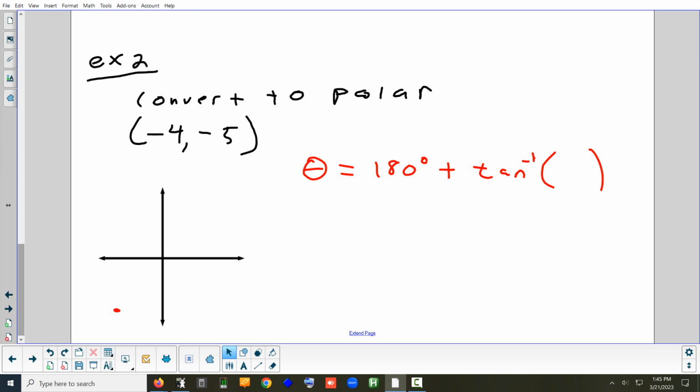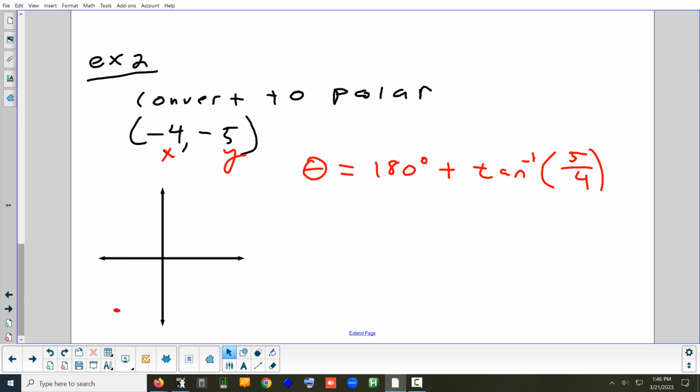So 180 plus inverse tangent y over x. Since they're both negative, they're going to cancel out when you divide. -5 divided by -4, so I'm just going to write 5 over 4. And that's not going to come out to a nice answer.